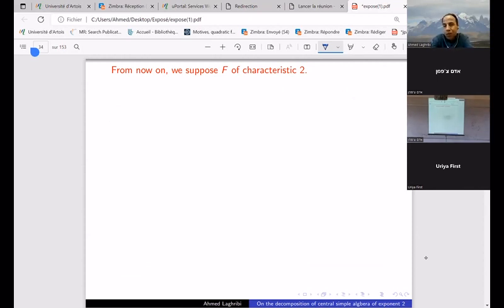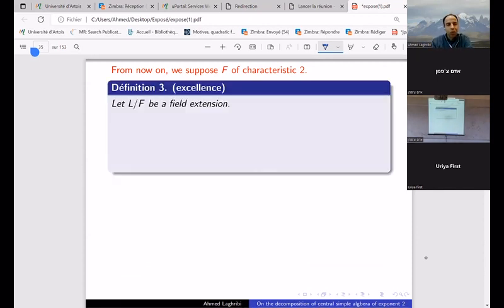we will need the notion of excellence. Okay. So let me recall again the definition. You take L/F a field extension.